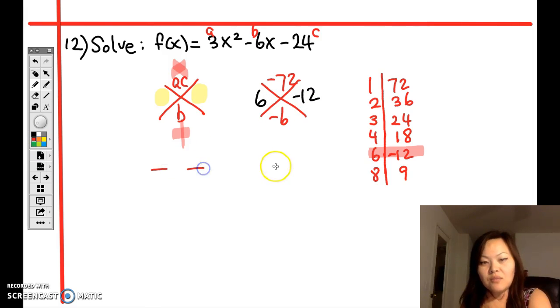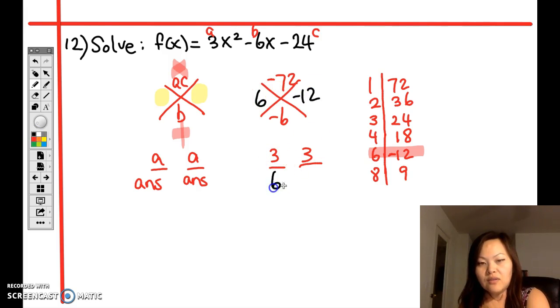What do I do next? I need my fraction bars. And remember over here, what you gotta do is you put the A on top. And then at the bottom, you have to put the two answers that you just found here. So what is my A? 3. So I'm going to put my 3 on top, and then I'm going to put my two answers, 6 and negative 12, down here. Okay, so I hope you can see what I'm doing.